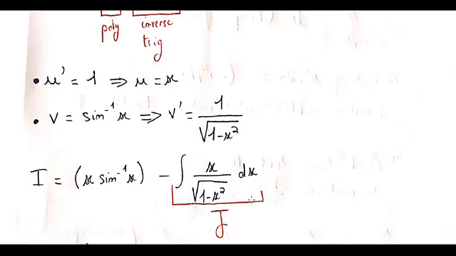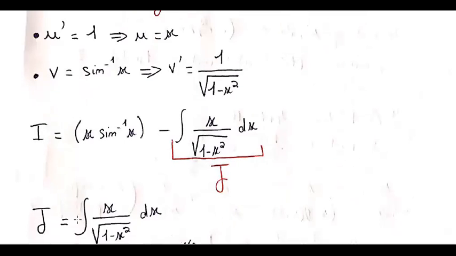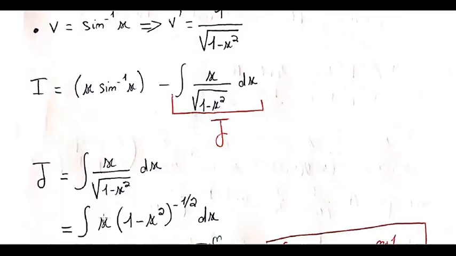So we need to solve this integral here, which I'm going to call j. You can call it whatever you want, but I'm going to call it j. So j is the integral of x over radical 1 minus x squared, which I can also write as the integral of x times 1 minus x squared to the power minus half, because the square root is the same as the power half, and when I take it from the denominator to the numerator, it becomes minus half.